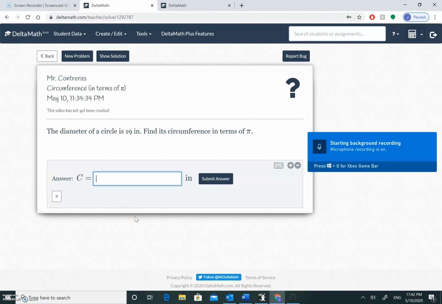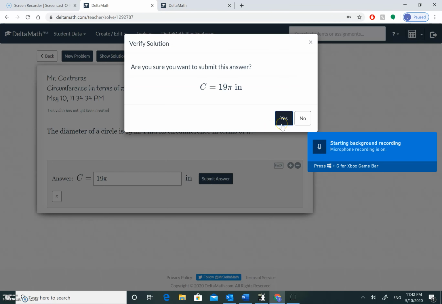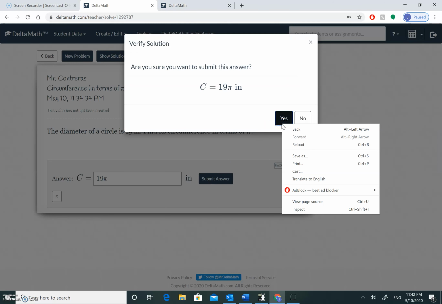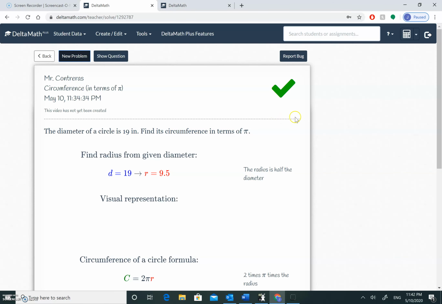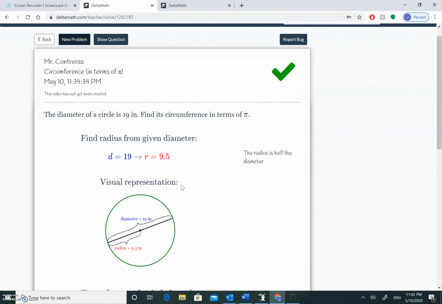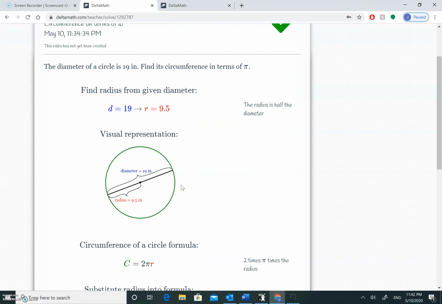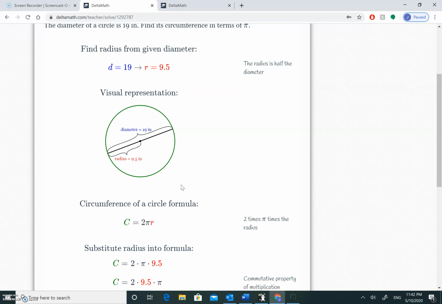So then you would go ahead 1, 9, and then you see the symbol here. You have to click it. So it's 19 pi, and then you go to submit answer. It's going to ask you if this is correct, if this is what you're trying to input. And yes, it gives us our answer. Now it goes ahead and shows us how you could have done it.